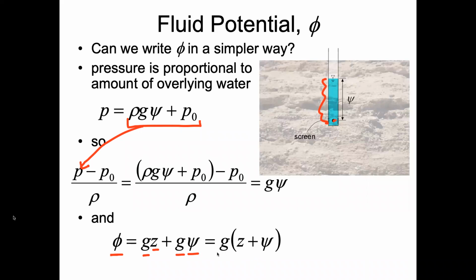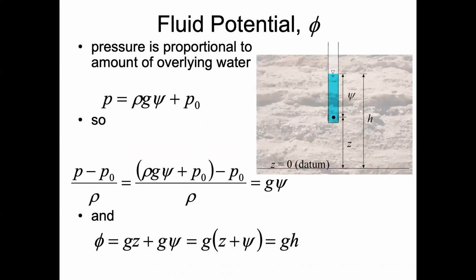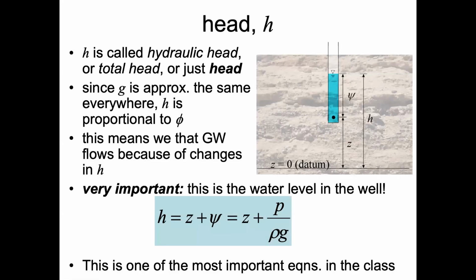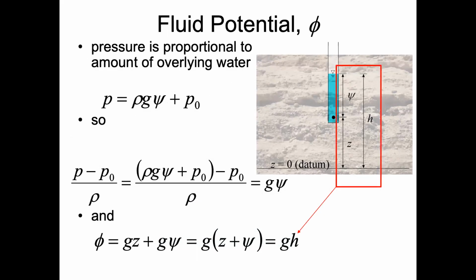Then we can simplify even more, removing gravity from the situation, and we end up with the calculation that we had. So here's us removing gravity times the head. When we multiply our head by gravity, we end up with our fluid potential.